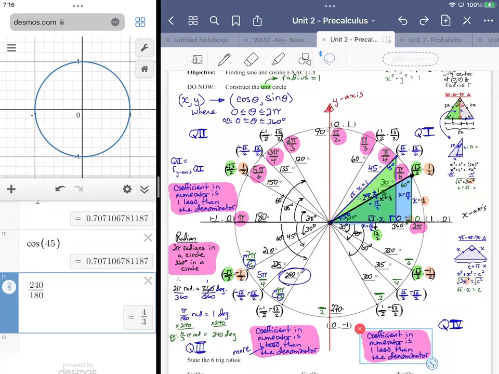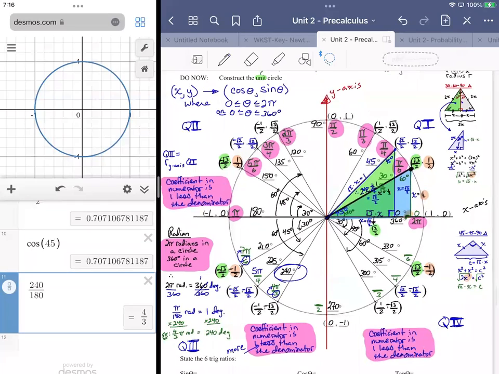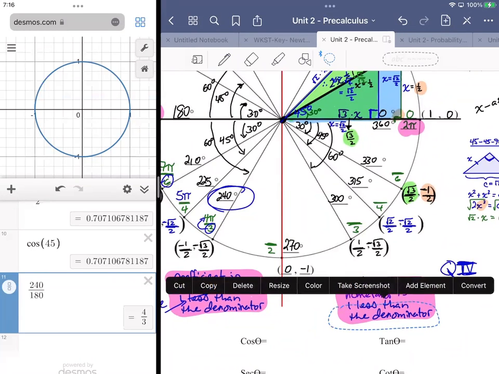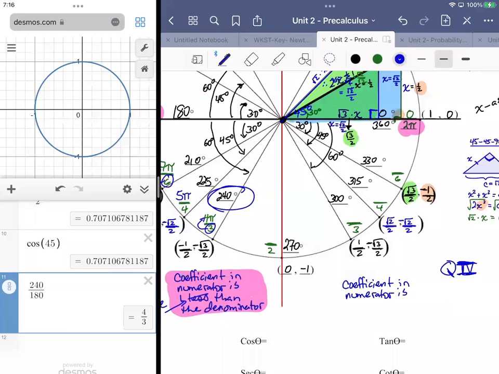The coefficient is double the denominator minus 1. So 2 times the denominator minus 1. That's easily the strangest one out of all of them.